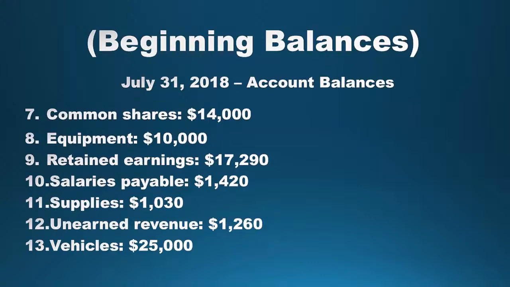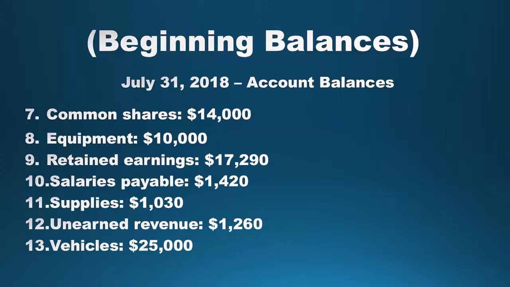Equipment, $10,000. Retained earnings, $17,290. Salaries payable, $1,420. Supplies, $1,030. Unearned revenue, $1,260. Vehicles, $25,000.